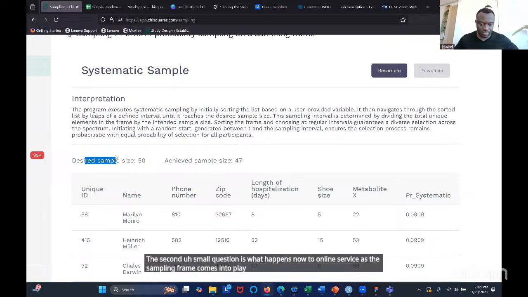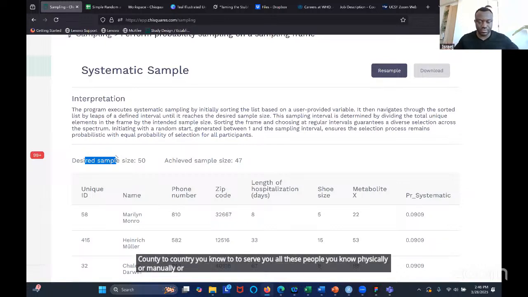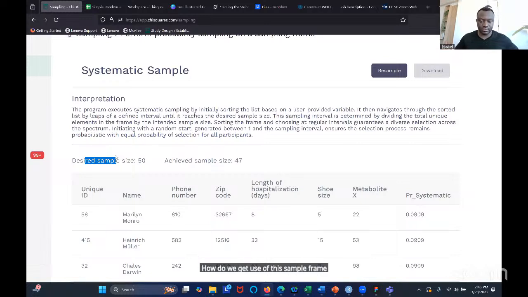Sometimes we say for a national survey, we don't have logistic support, or we don't have the facilities to travel from county to county to survey all these people physically or manually or through, for example, pads. So what happens in case we choose to proceed by online survey? How do we calculate, or how do we make this sample? How do we make use of this sample framing once we use the online survey?